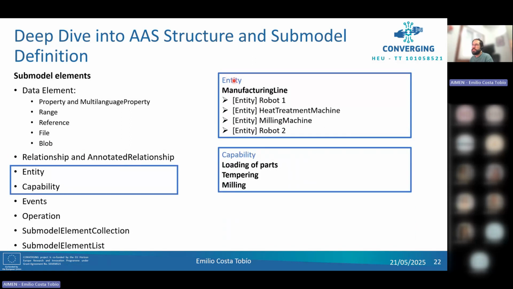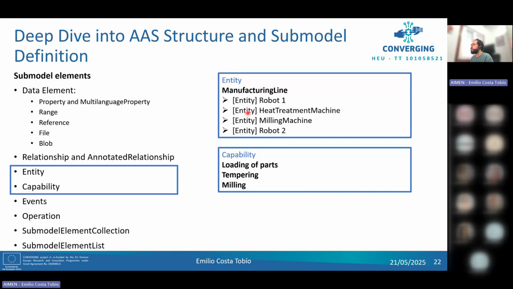The next one, the entity, is used to describe assets, similar to the asset administration shell itself. With entities, you describe other assets and they are commonly used when you are describing subcomponents of an asset. Let's say we are talking about a manufacturing line, the whole manufacturing line, and we want to establish which assets are a part of this manufacturing line. Well, each one of them would be an entity.